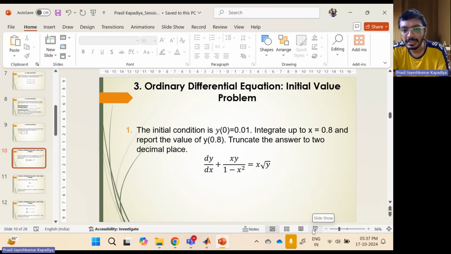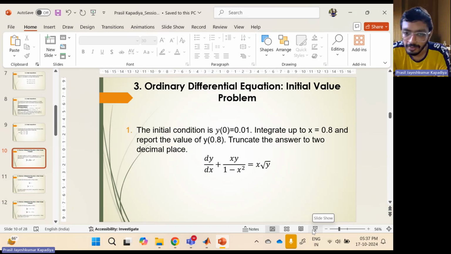The initial condition is y of 0 is equal to 0.01. What does this mean? y of 0 is 0.01 means when x is equal to 0, my y is equal to 0.01. Integrate up to x is equal to 0.8 and report the value of y of 0.8.